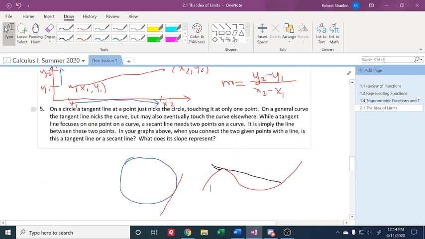When you connect the 2 given points with a line, is this a tangent line or is it a secant line? And what does its slope represent? So, discuss that in your groups, and I'm going to call on a group in a minute.